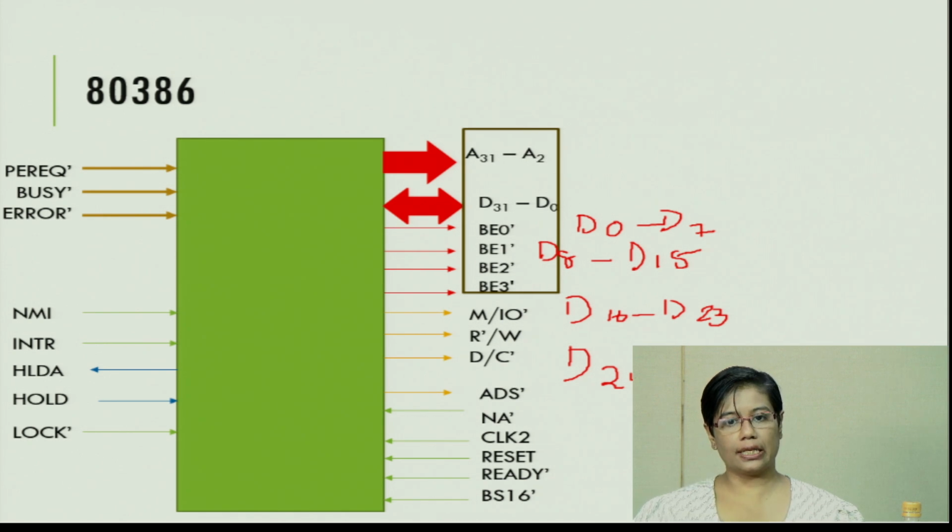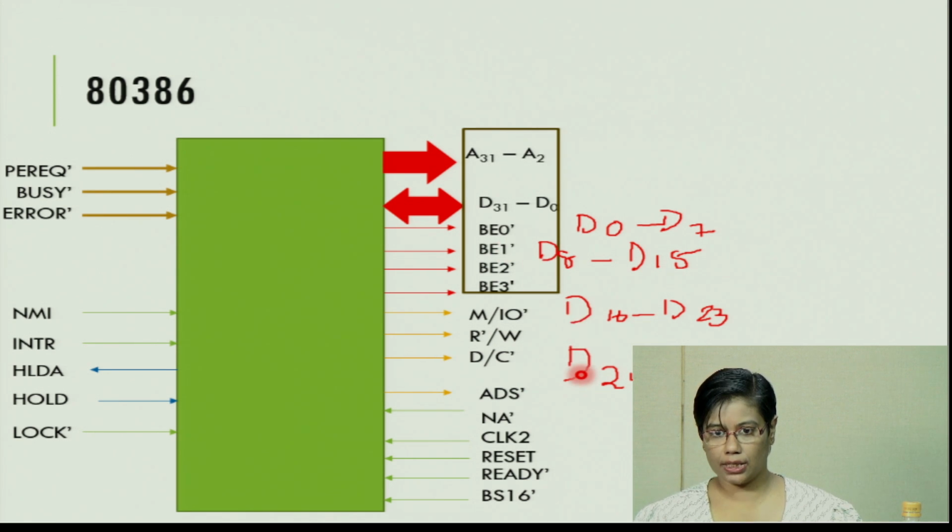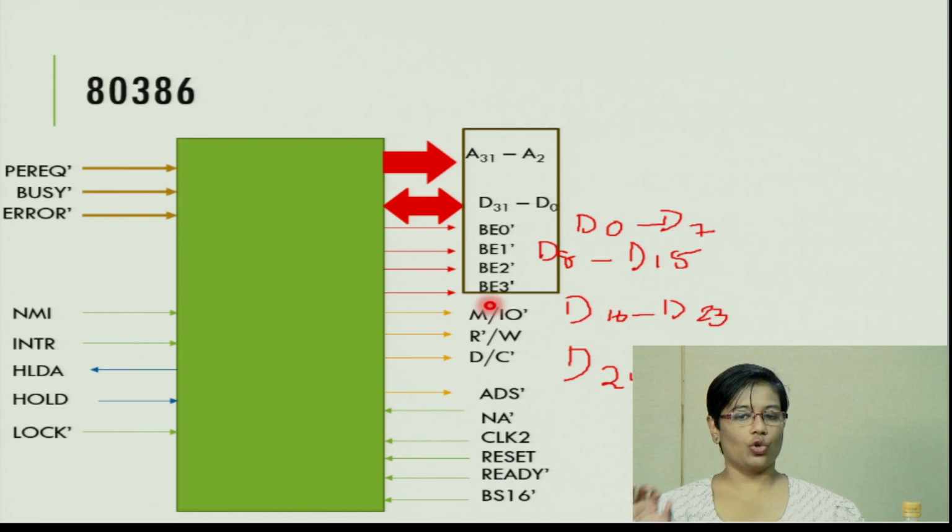If you're doing a 16-bit data transfer on D0 to D15, then bank enable 0 and bank enable 1 will be active. If you're doing a 16-bit data transfer on D16 to D31, BE2 and BE3 are going to be active. So you don't have address lines A0 and A1.